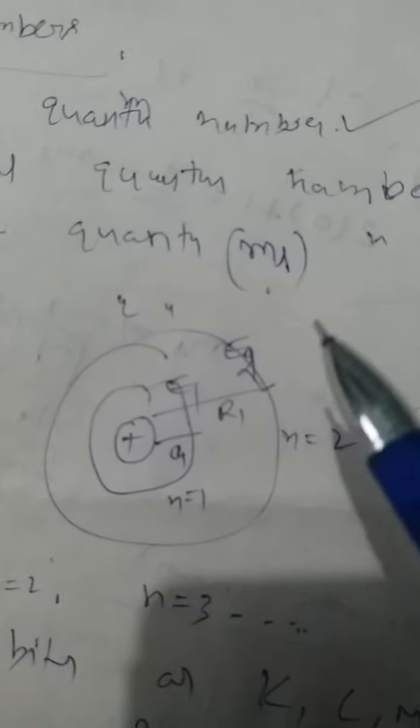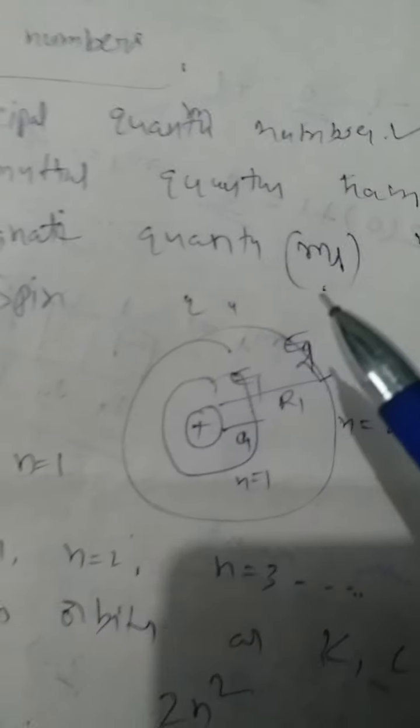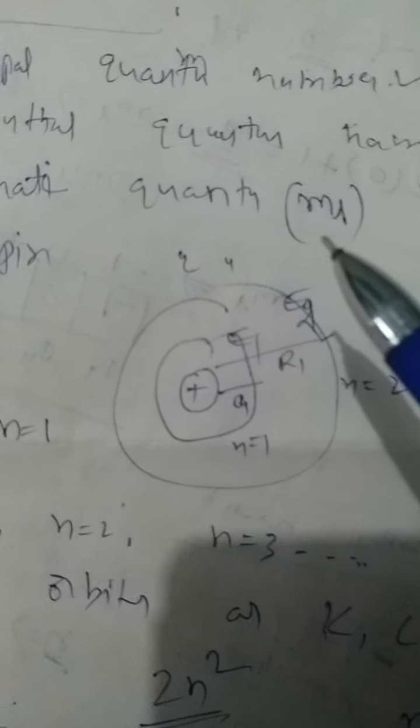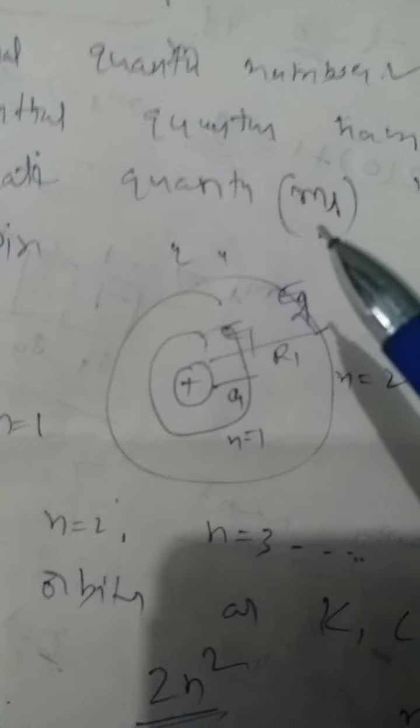That means the ml values give information about the degenerate orbitals present in a substationary state.